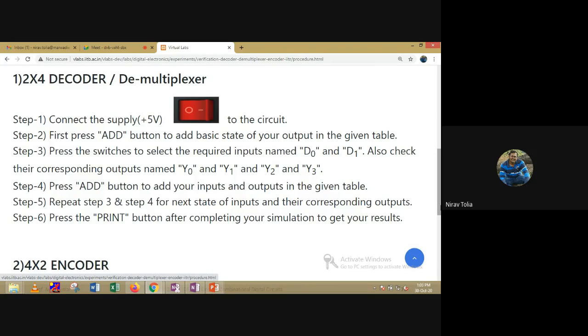Press the switches to select the required inputs named D0 and D1, and then check which output will be activated. When D0 and D1 are 00, the Y0 output must be activated. For 01, Y1; for 10, Y2; and for 11, Y3 will be activated.